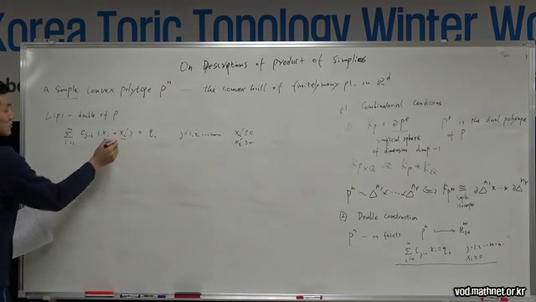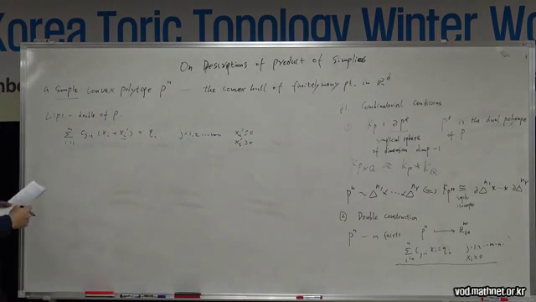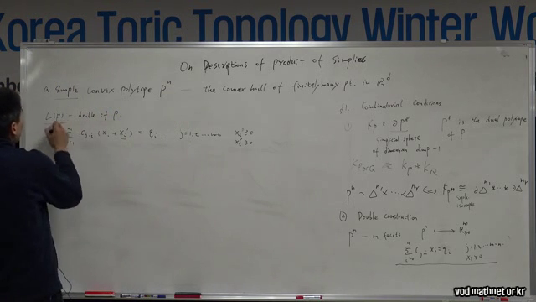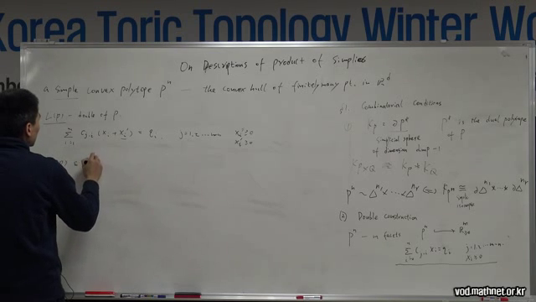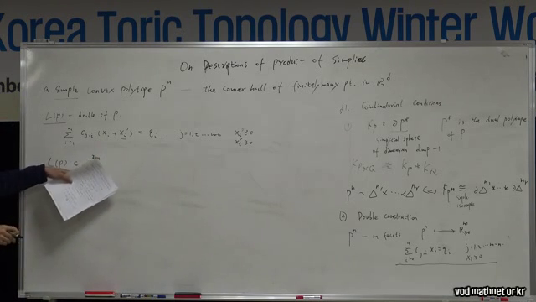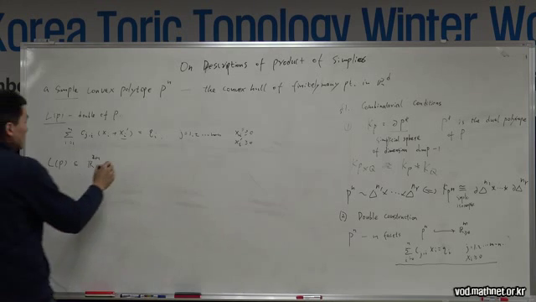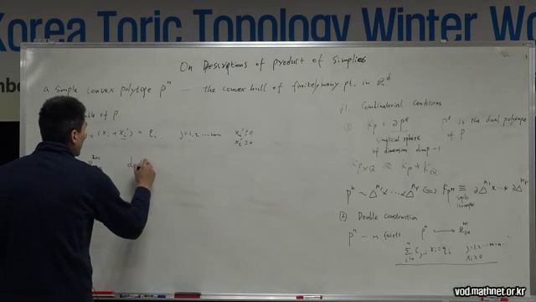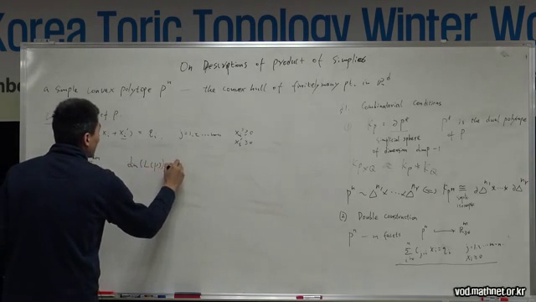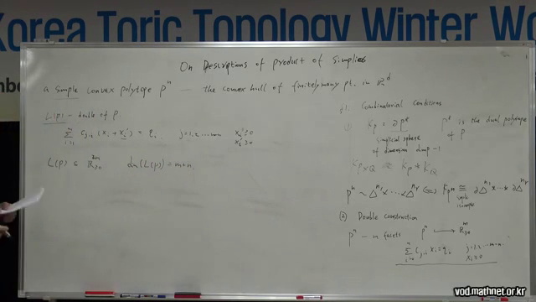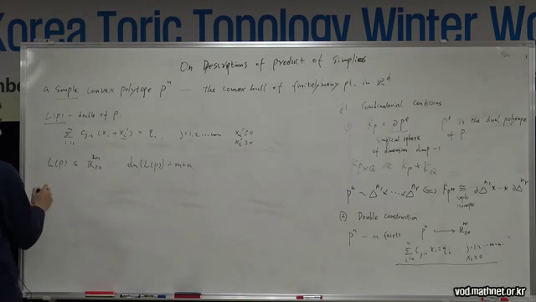So we add extra variables, and then we can show that LP is a convex subset of 2m dimensional Euclidean space, and the dimension of LP is m plus n. And it's a simple polytope in this Euclidean space.